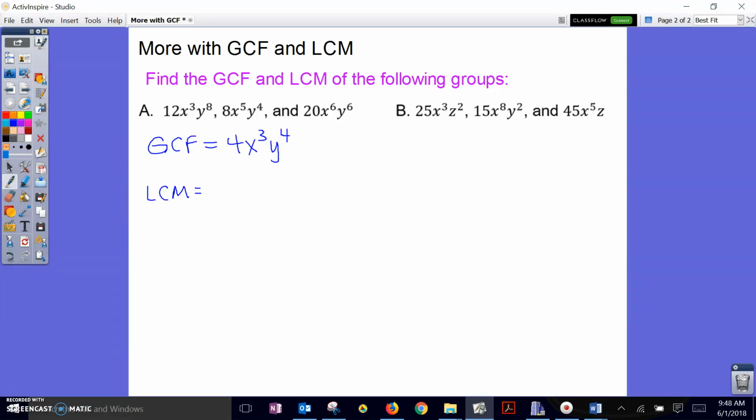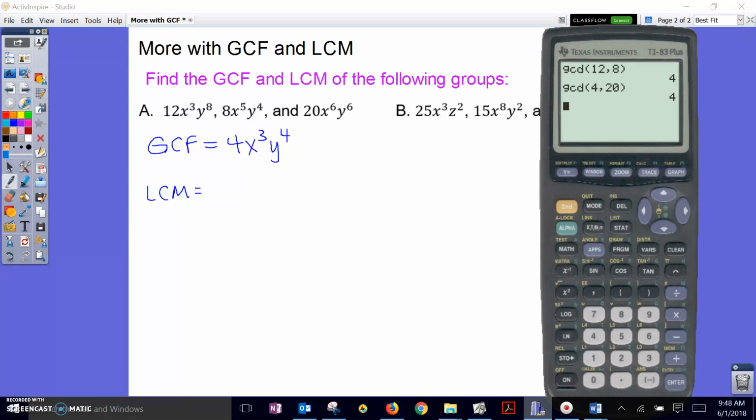And now I'll go ahead and find the LCM. I'm going to attack it the same way for the numerical portion on the calculator. I also need to do 2 at a time here, so I'm going to find the LCM of 12 and 8. That's 24.